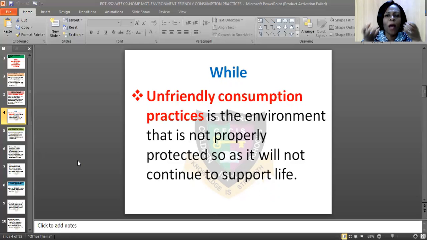It can be used for other things that are necessary in the environment. Do you understand? It is not a must that it will be that plastic bottled water that they will use it to produce the second time. It can be recycled for another thing. But a situation whereby we use them and we dispose of them recklessly, that means we are not helping, we are not supporting life, we are not putting the next generation into consideration.